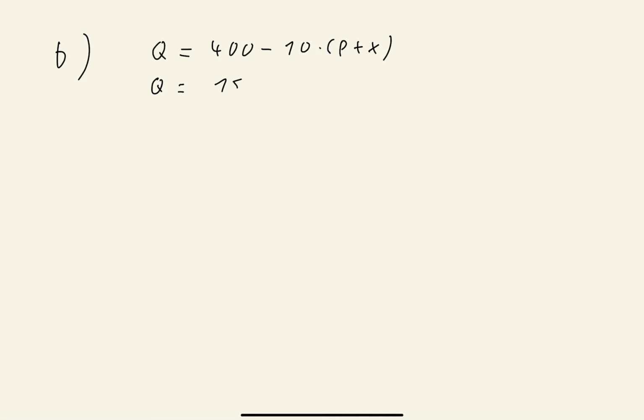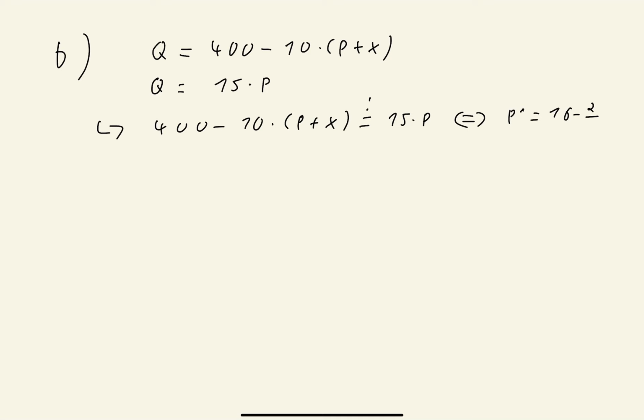It's still 15 times P. Now, if we set demand equal to supply and solve for the equilibrium price, we end up with an equilibrium price of 16 minus 2 divided by 5 times X.